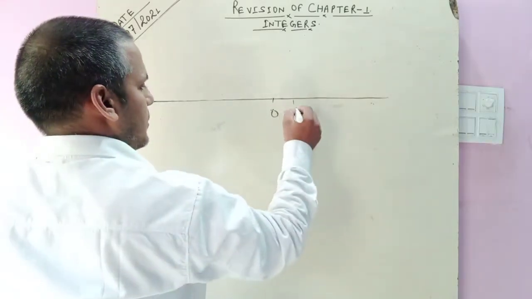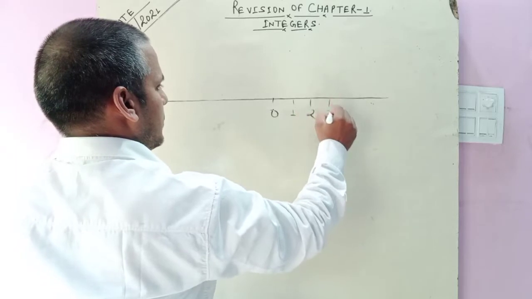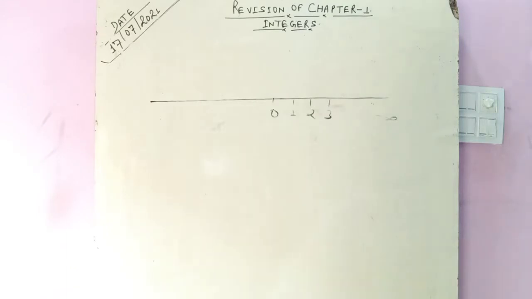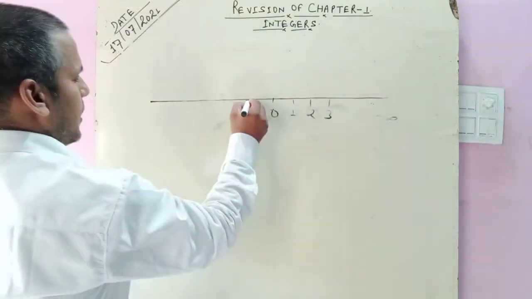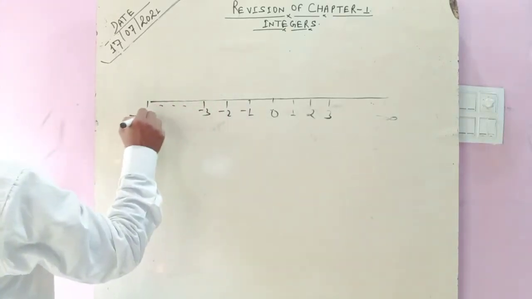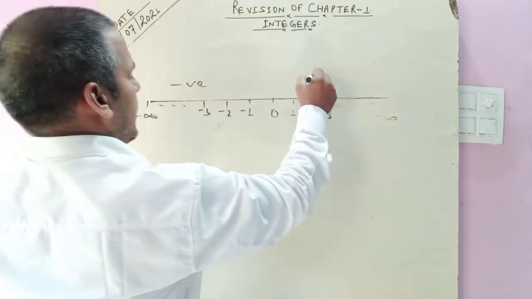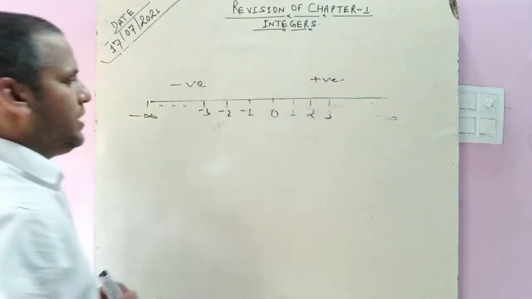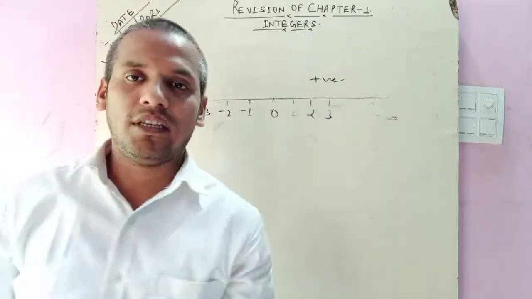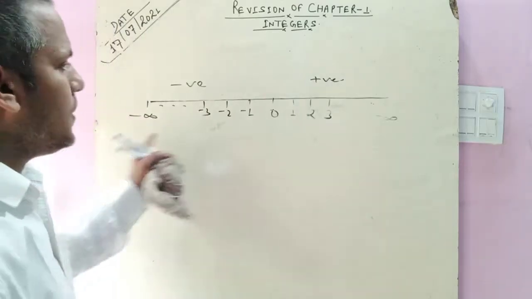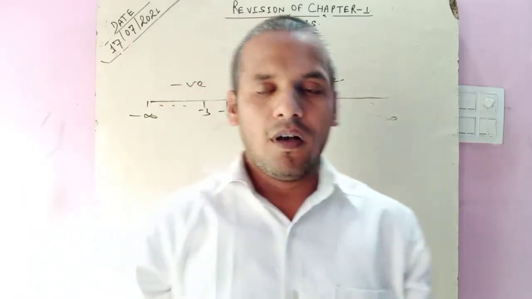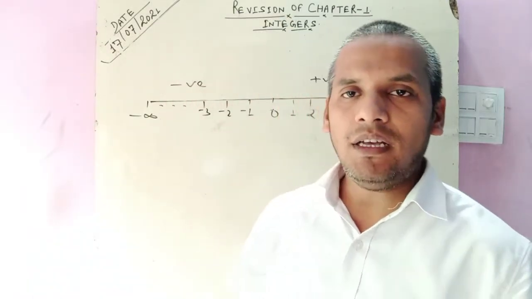When we go to the right, we get positive numbers up to infinity, and on the left side of 0 we have -2, -3 and so on up to minus infinity. Here is a negative number and here is a positive number. So all the complete numbers, it means there is no decimal number. All the complete numbers including 0 are known as integers. We can say the integer is also part of the real numbers.